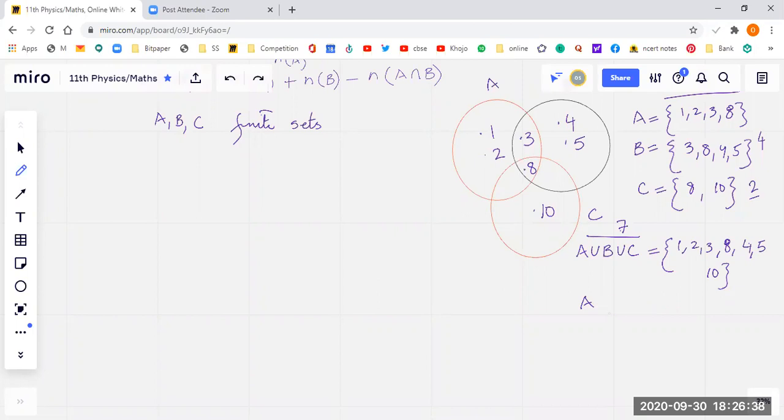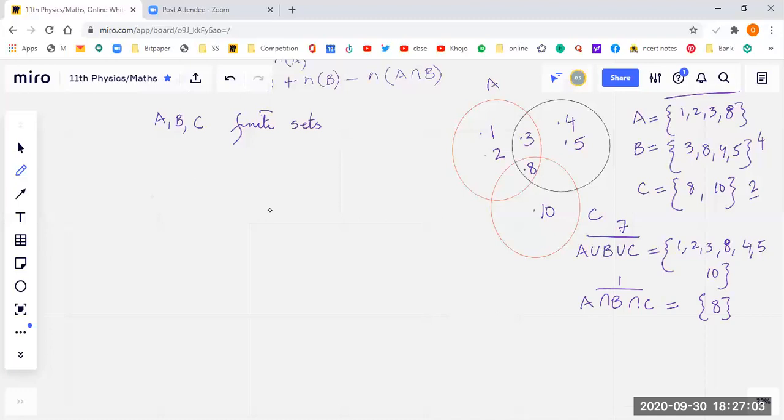A intersection B intersection C. Can anyone tell me what is common between all the three? 8. That is only one element, 8. Beautiful. So this is only one element, and A union B union C is 7 elements. That's great. As and when I ask you, you should be responsive.